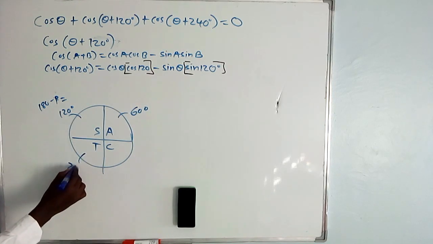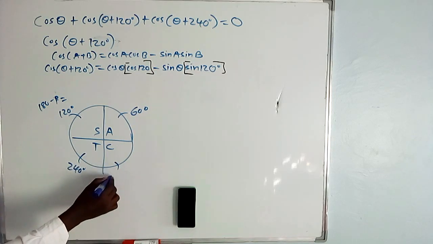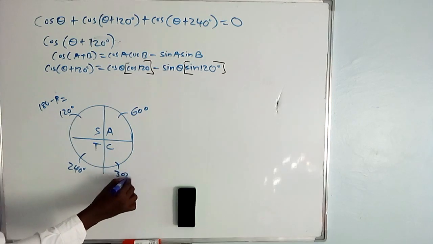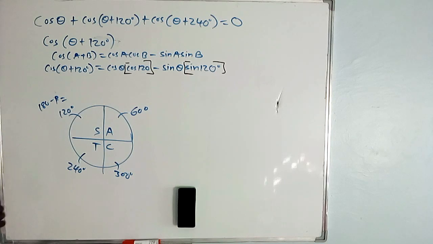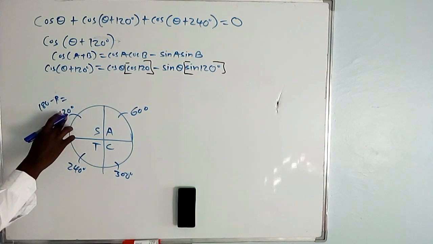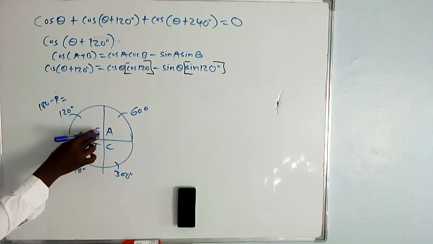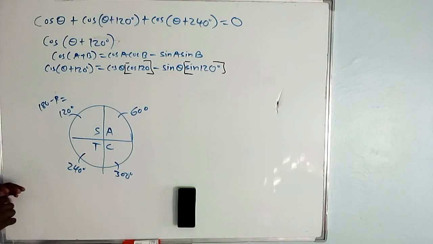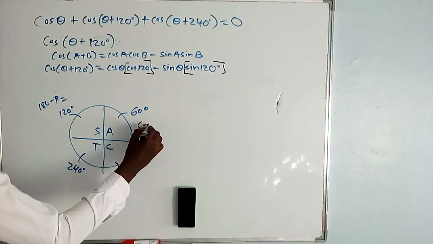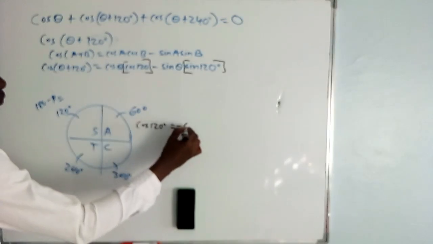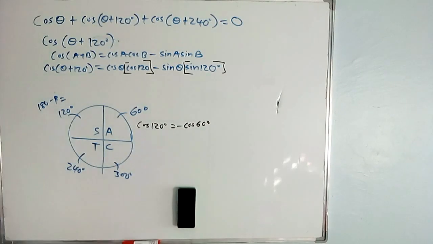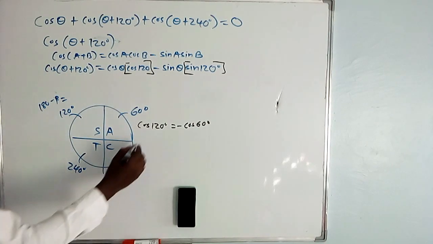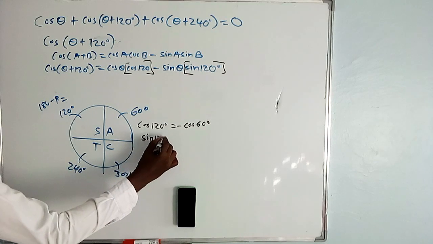So you were given cos 120, and cos 120 is in the second quadrant. Is cosine positive or negative in the second quadrant? Cosine is negative in the second quadrant, so this will be the same as negative cos 60. Meaning sine 120 is the same as sine 60, both of them are positive.